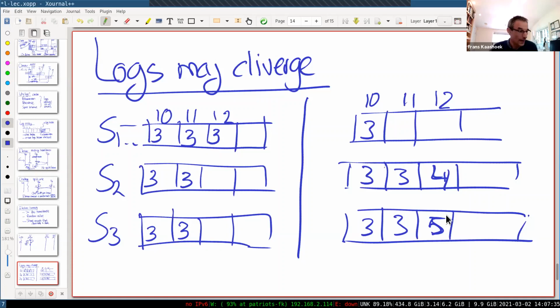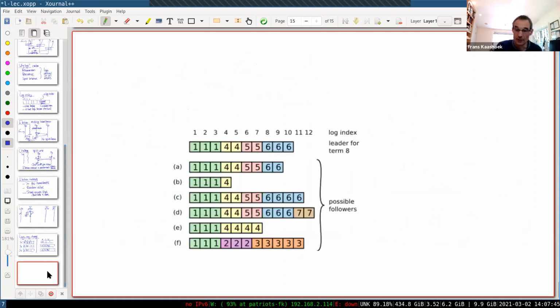So it turns out there are quite a bit of wild variations possible. So if we look at figure 7 from the homework, the homework asked questions about the scenario being discussed, where this server, the top one, becomes the new leader.